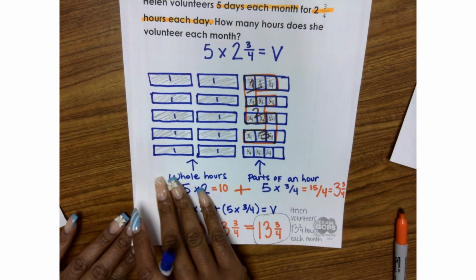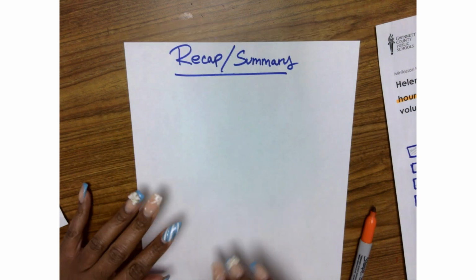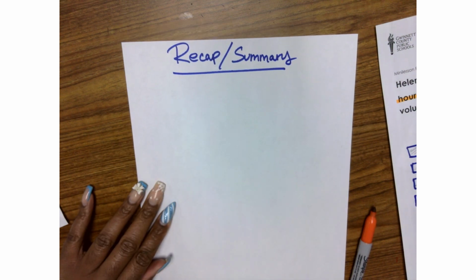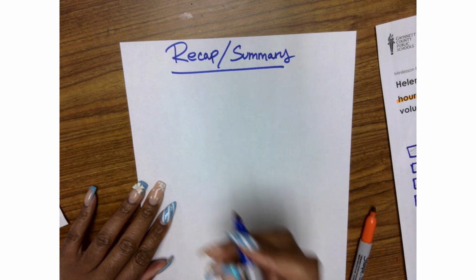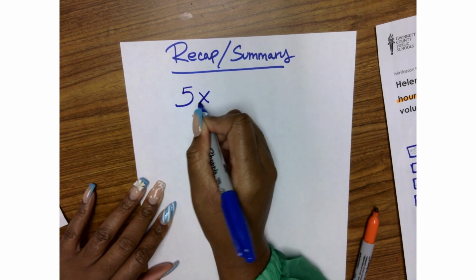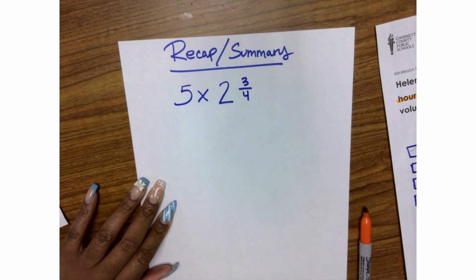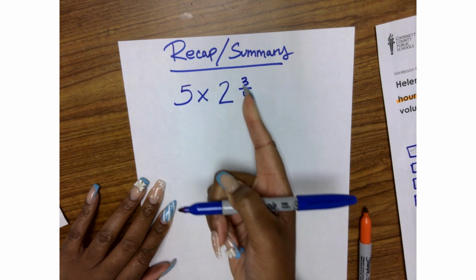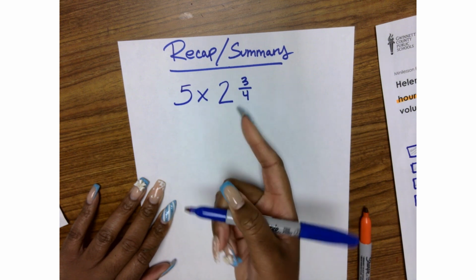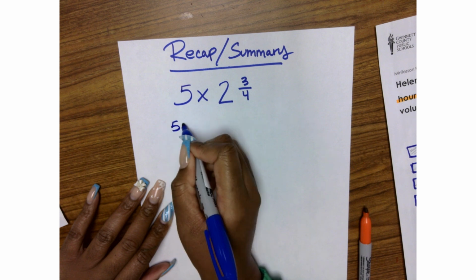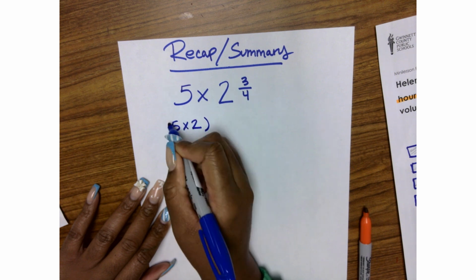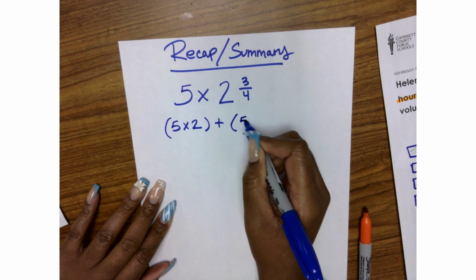Okay, so let's recap what we did. In order to determine the amount of time Helen volunteers each month, I multiplied 5 times 2 and 3/4. I decomposed the mixed number into 5 groups of 2 and 5 groups of 3/4.